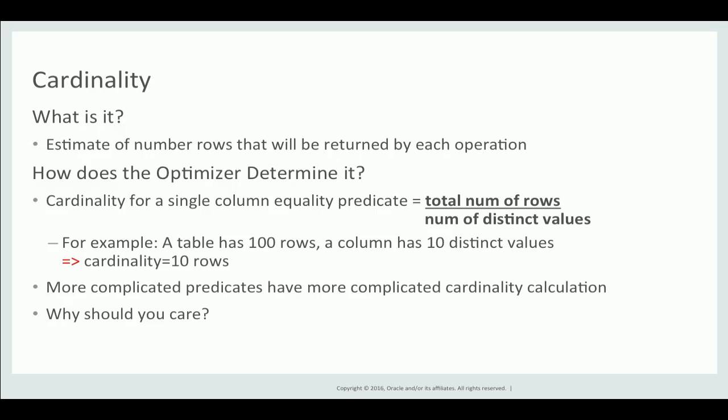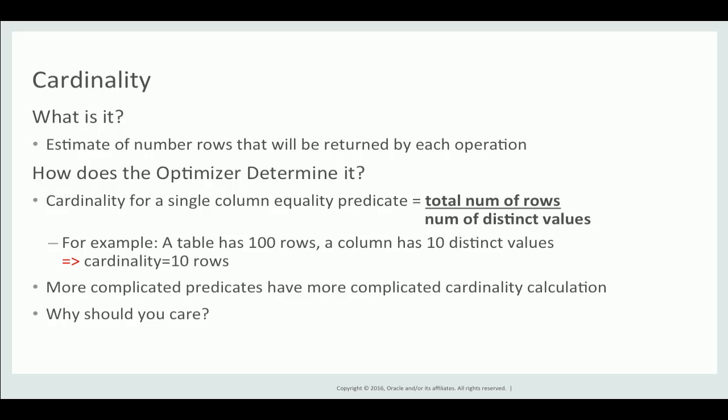Because the optimizer takes the total number of rows in the table, divides it by the number of distinct values in that column, and that's the estimate it comes up with. Now, the more complicated the predicates are in your query, the more complicated the formula becomes, but that's the standard approach for how it comes up with these guesses or estimates.